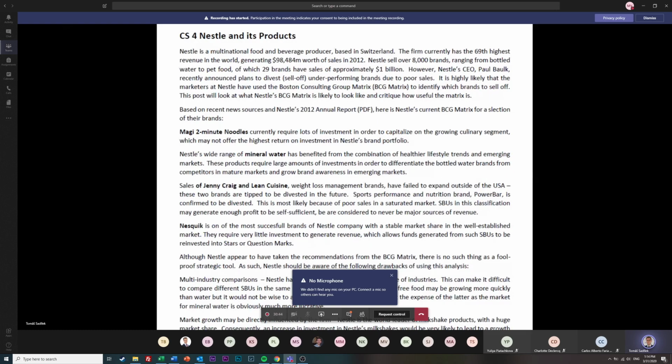So read it and decide individually where exactly to put the noodles, water, Lean Cuisine, and Nesquik in the BCG matrix. Yeah, so that's a task for you.